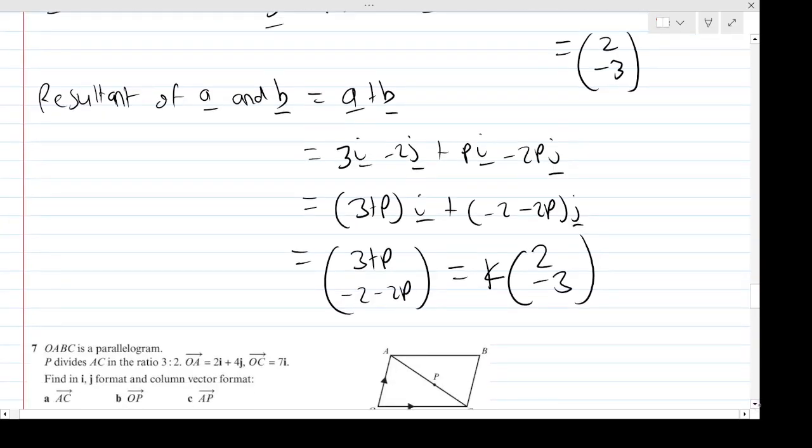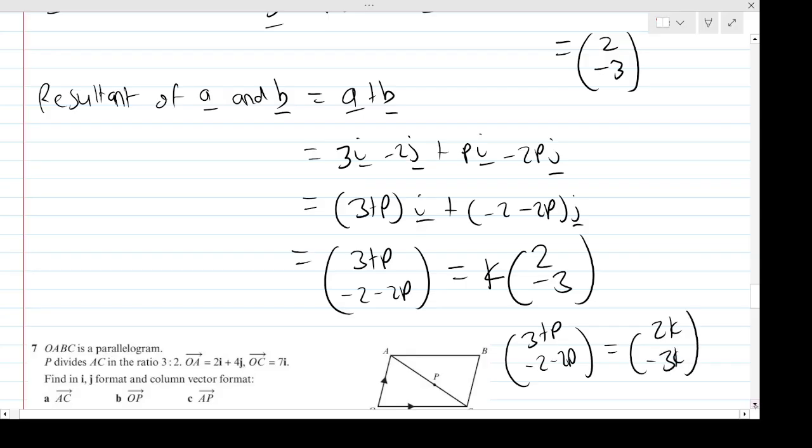I'll continue on. We can expand the bracket: 3 add p, minus 2 minus 2p is going to equal, if I multiply K by the column, K times 2 is 2K, K times minus 3 is minus 3K.